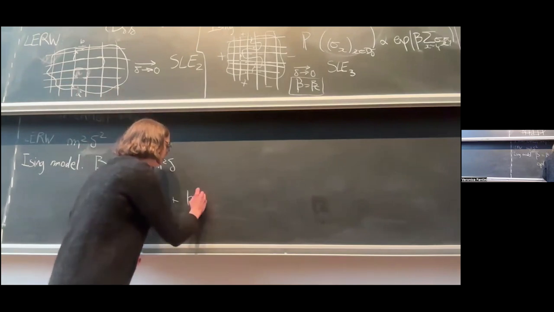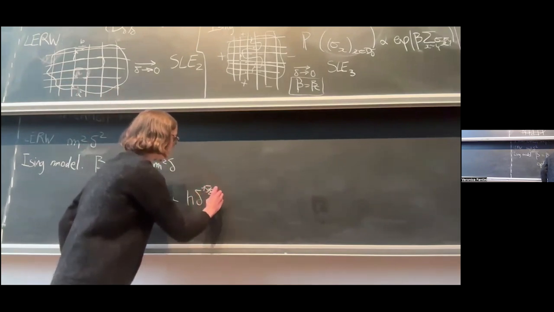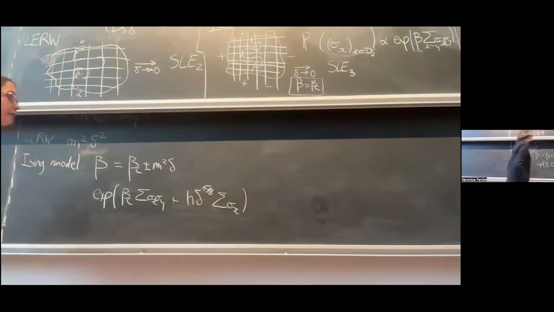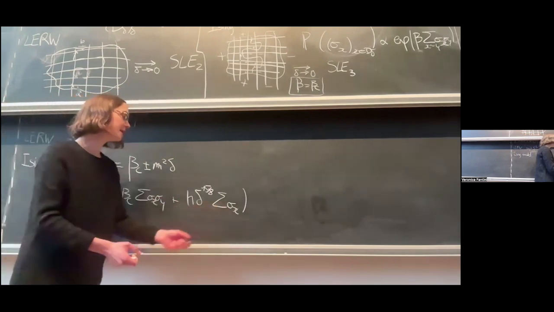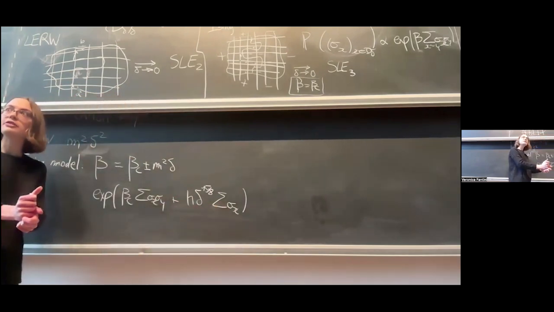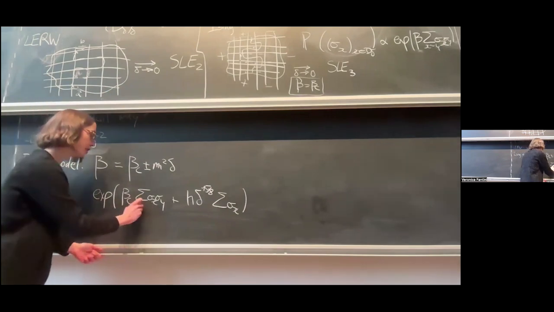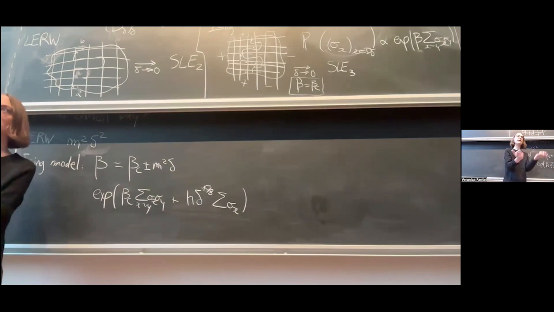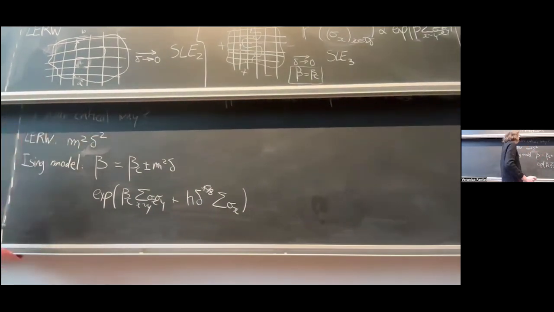And the way you have to scale the field, I will come back to this, is by delta to the 15/8. The classical picture is that the spins want to align with the sign of the external field. But on the other hand, you have this nearest neighbor interaction term, and they also want to align with their neighbors. So you may have a competition between the two.